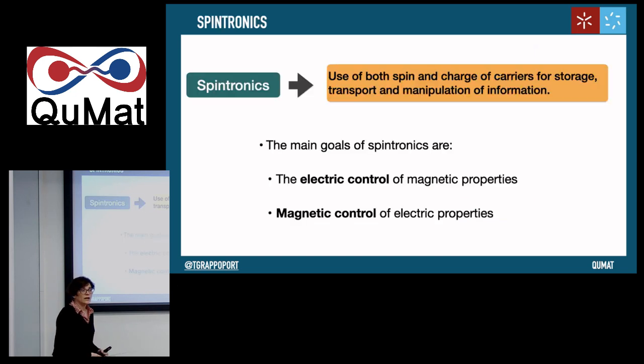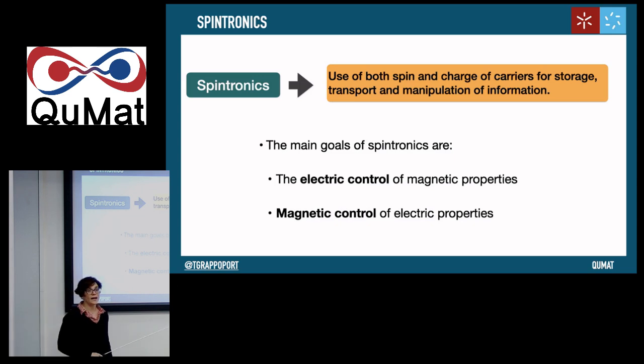So spintronics has been an important player in the information technology industry by using both the spin and the charge of the carriers to encode information. And the main goals of spintronics are to electrically control the magnetic properties of materials or the spins, or conversely, magnetically control the electronic properties.